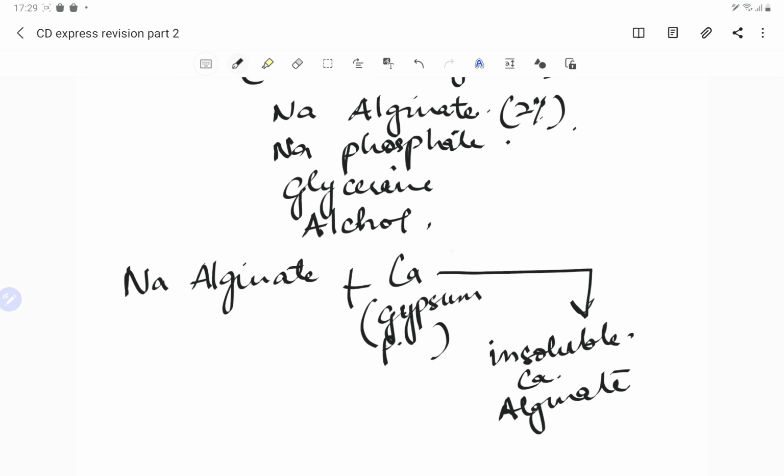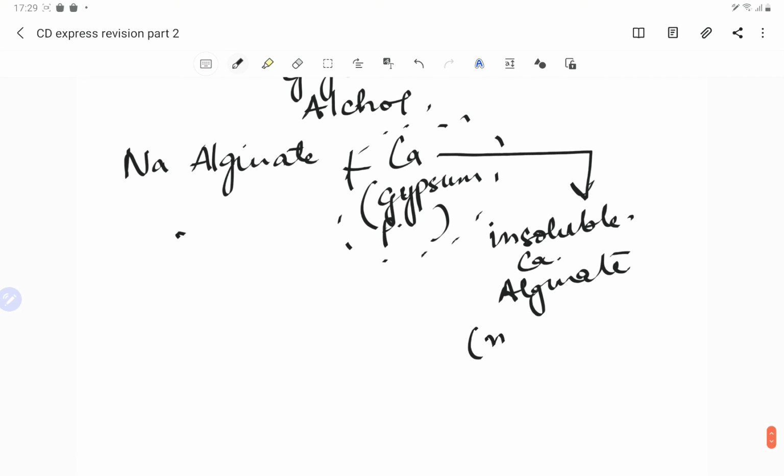Now if you are applying cold mold seal on the wax, what will happen? This reaction will not occur and the membrane will not be formed. So this insoluble calcium alginate forms a membrane.